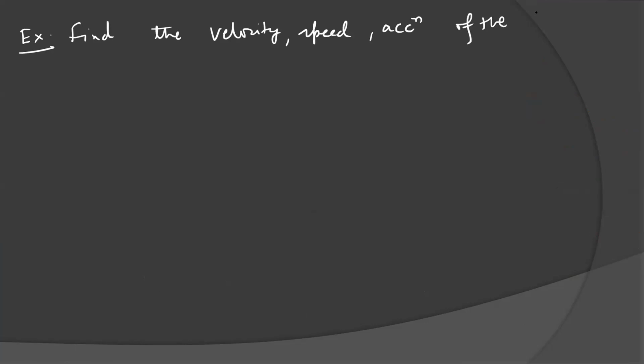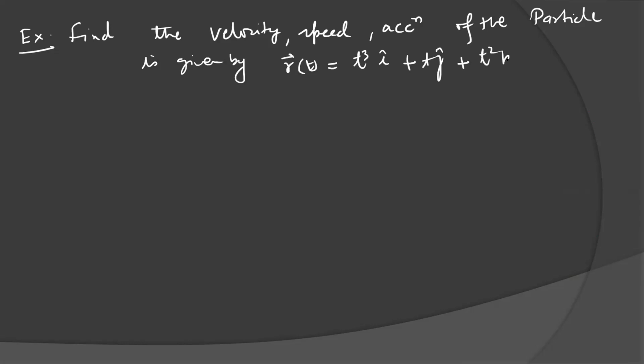Find the velocity, speed, and acceleration of the particle which is given by r(t) equal to t cube i plus t j plus t square k.